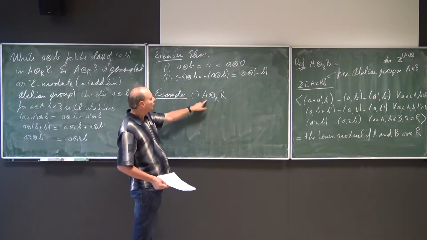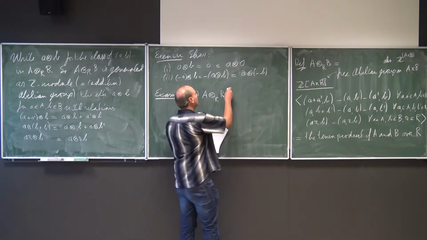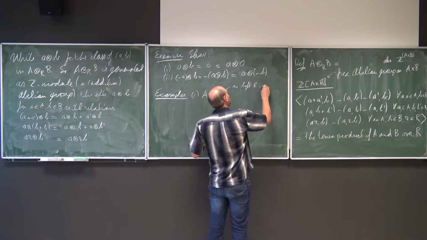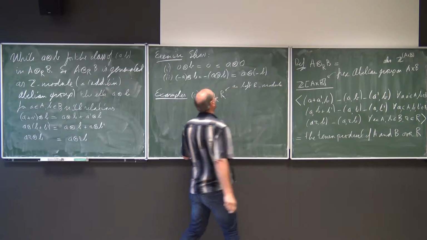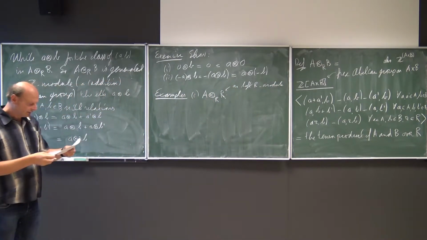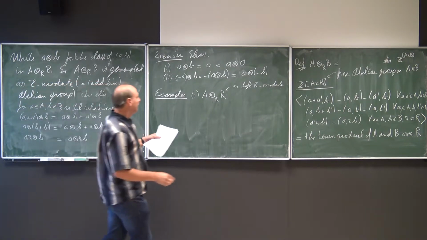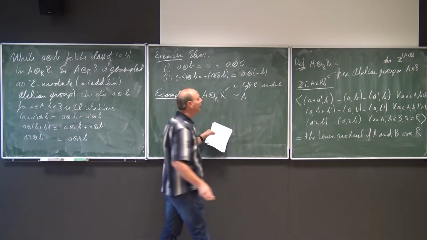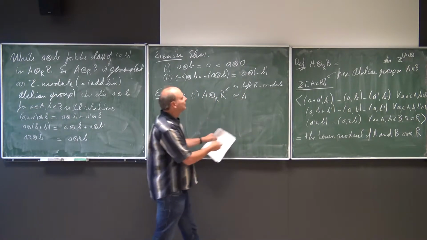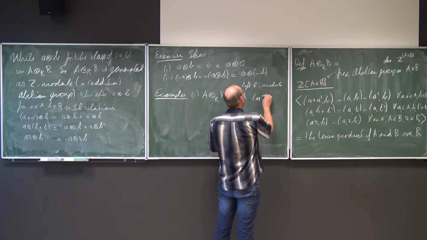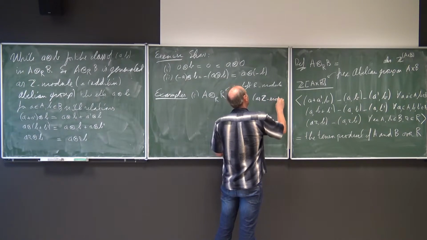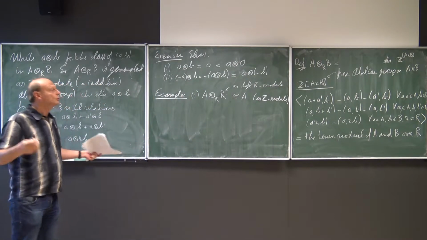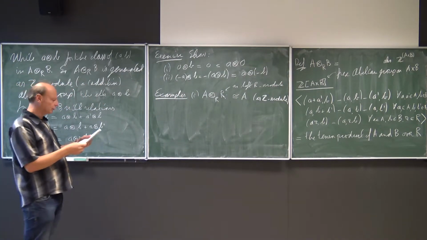So anyway, I can view this. So A has to be a right R module, and R is now viewed as a left R module under the natural multiplication. And you can see that this is just isomorphic to A, and well, just as a Z module, because I probably have no more structure on this thing except for the fact that I start with a Z module, I take a quotient and I get the Z module just from the beginning group.